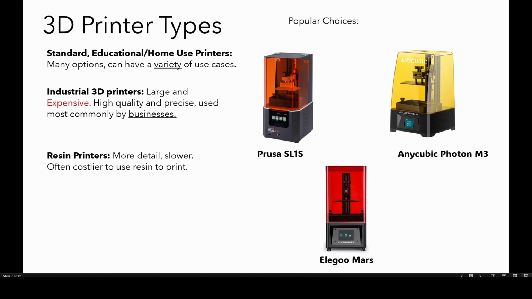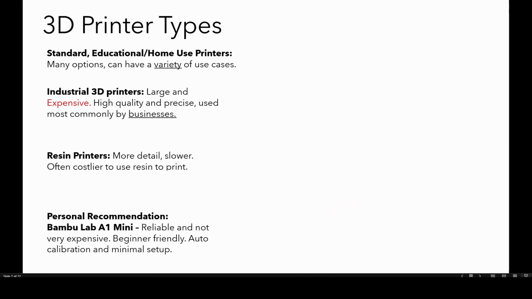There are also many options you can choose from when buying a 3D printer and many factors to consider. The common or standard 3D printers are often used in home or in places like schools to educate. There are some very affordable printers that exist, and I have personal experience with the Bamboo Labs A1 Mini.